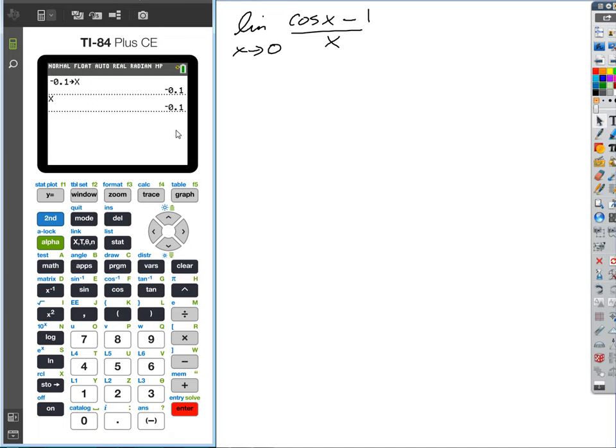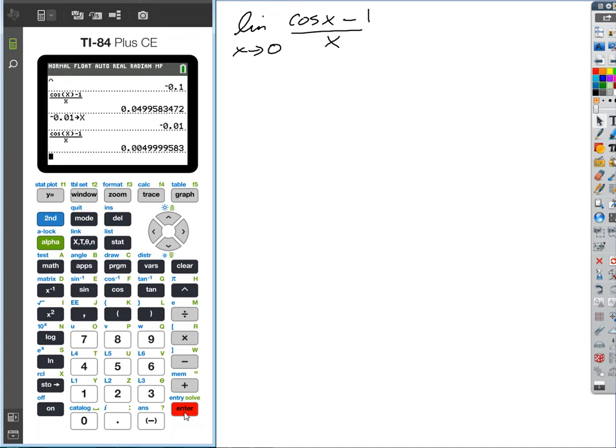So what do I do if I want to evaluate the function at negative 0.01? You change the value of x. So I just go negative 0.01, store x, enter to store it, and then I go back up, grab that algebraic expression, and hit enter. There's the value.